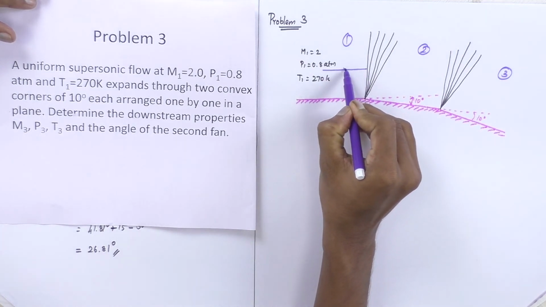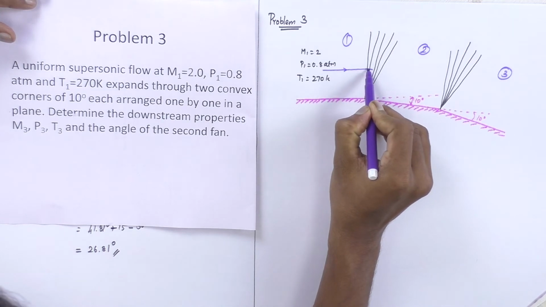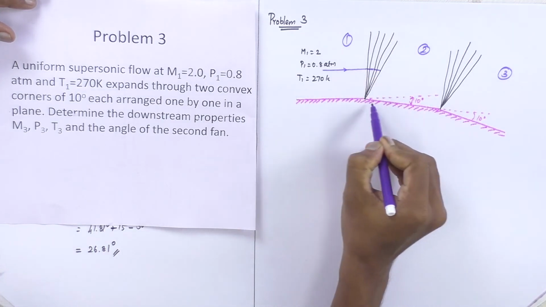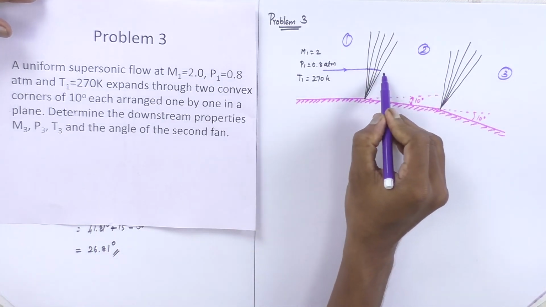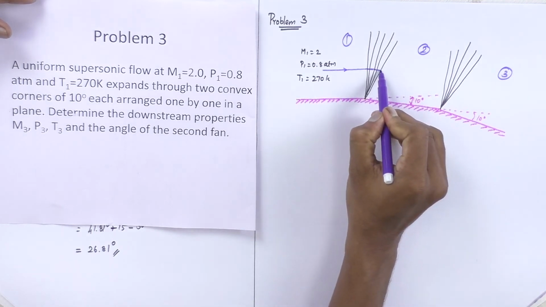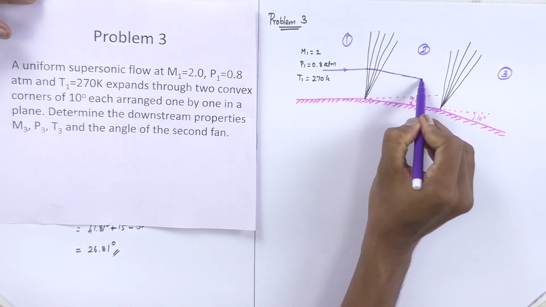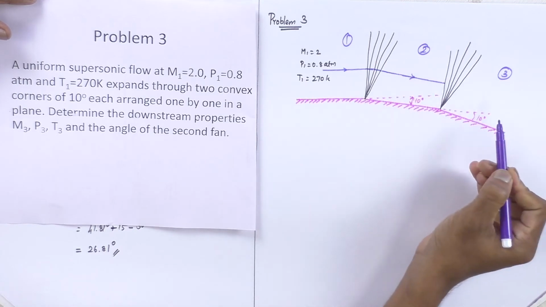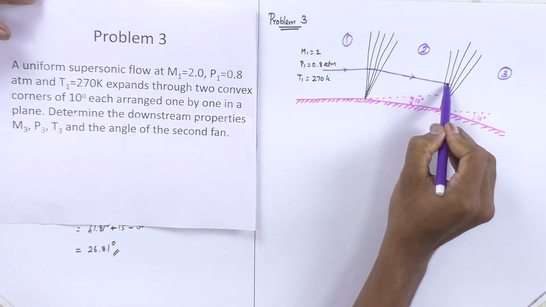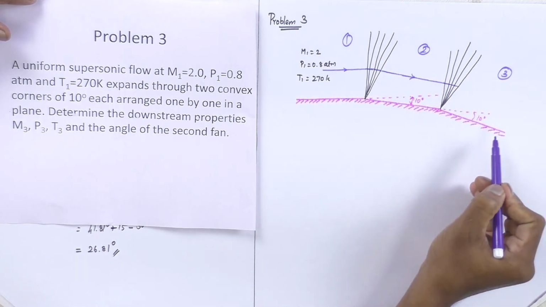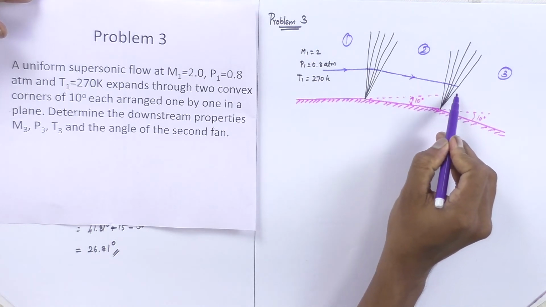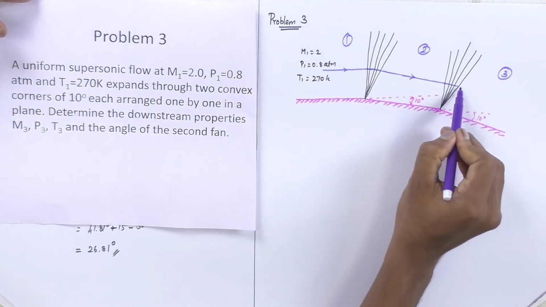It moves like this, and it will get a curved deflection here. At downstream, the flow direction will be parallel to this surface, a parallel streamline, and then again it will be deflected, and finally it will get the direction parallel to this surface.